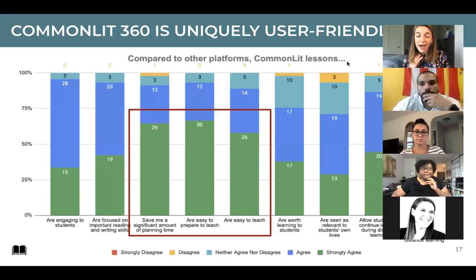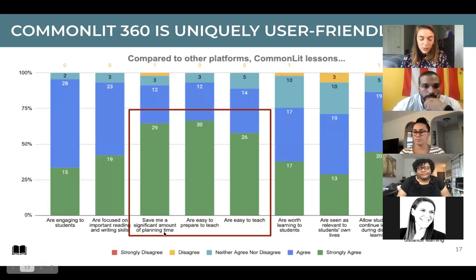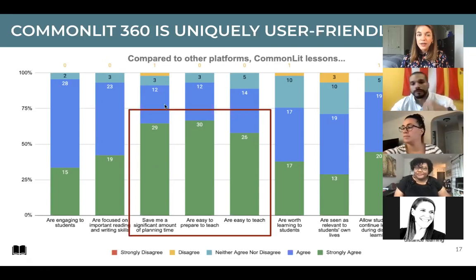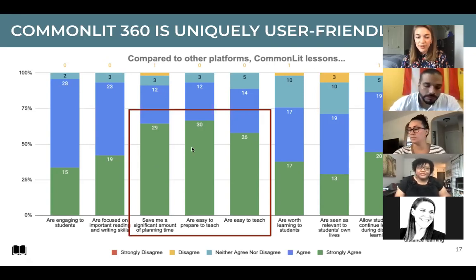Interestingly, we found out that usability and that user friendliness was a big driver of teacher satisfaction. And so look here, we have so many strongly agrees and agrees in this category compared to other platforms. CommonLit lessons save me time, are easy to prepare and are easy to actually teach and facilitate.